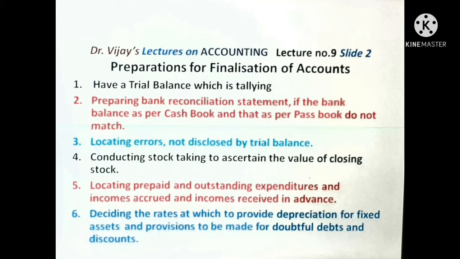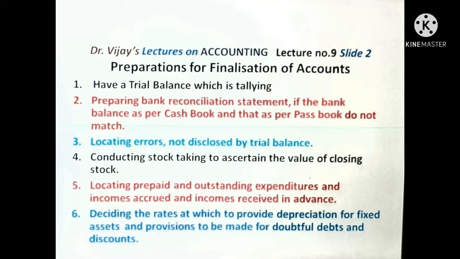Number 3 is locating errors which do not affect the tallying of trial balance, not disclosed by trial balance. Number 4 is conducting stock taking to ascertain the value of closing stock on 31st January. Number 5, locating prepaid and outstanding expenditures and incomes accrued and incomes received in advance.